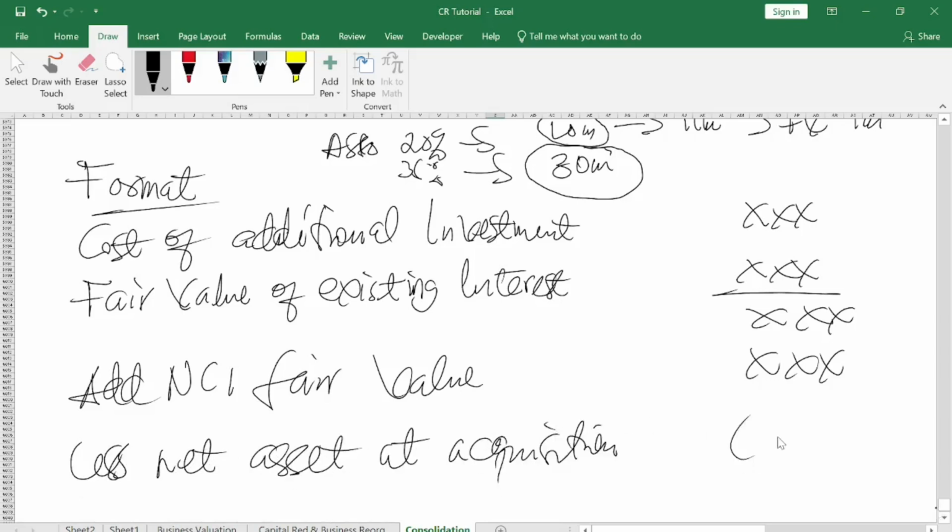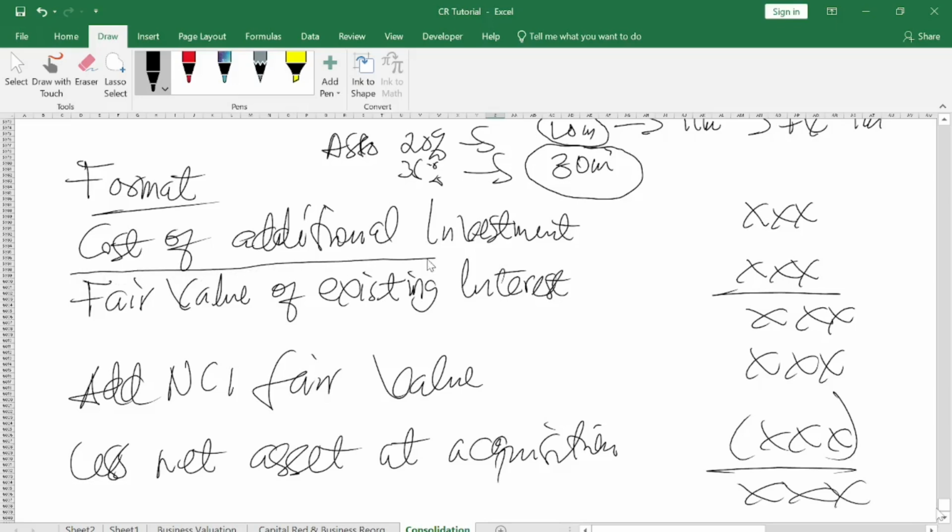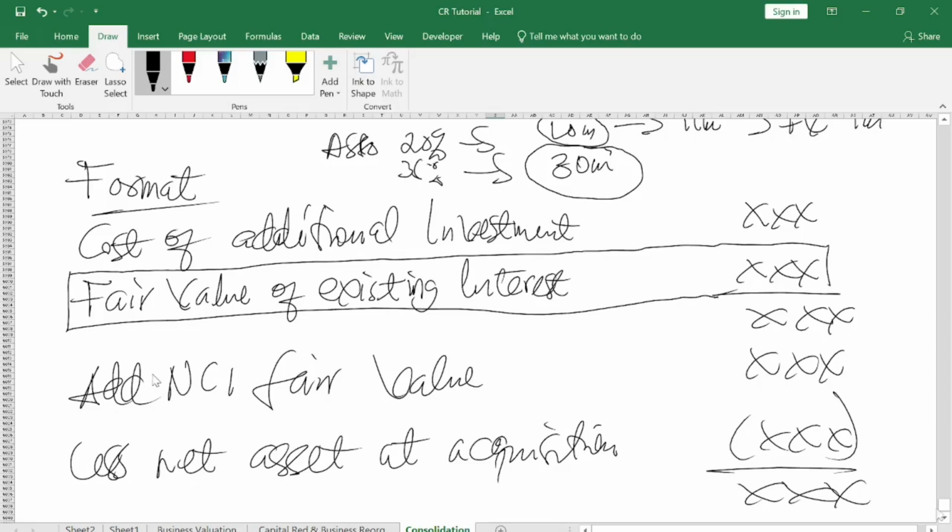This is no different from what you know already. The difference that comes here is our cost, the fair value of existing interest. But you already know the process.